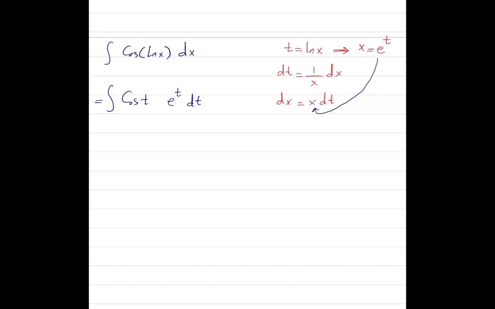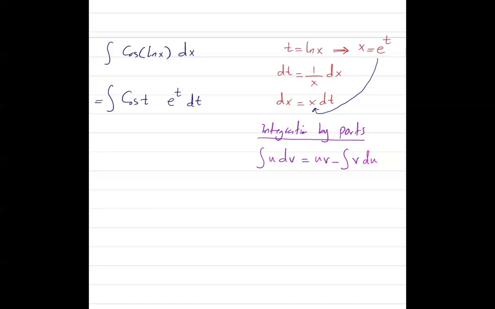In the method of integration by parts, the integral of u dv can be written as uv minus the integral of v du. So what's the choice for our u? What's the choice for our dv?